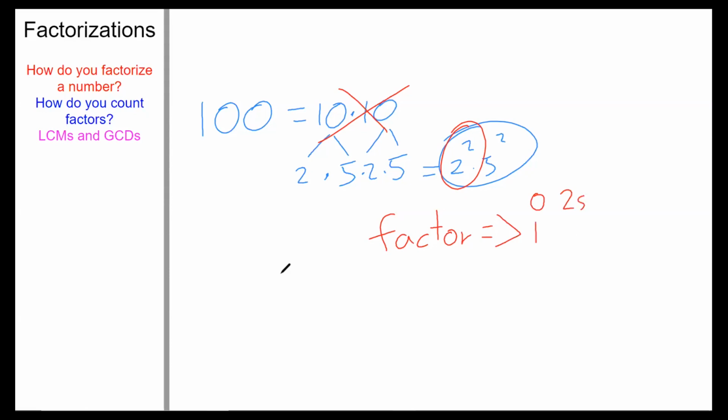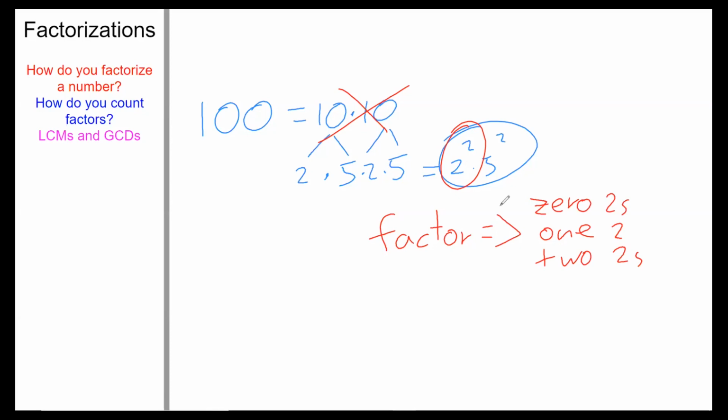Hang on, let me write it a different way. 0 2's, 1 2, or 2 2's. And we physically cannot go above 2 2's because if we try 3 2's, then it wouldn't be a factor because 3 2's is bigger than 2 2's.